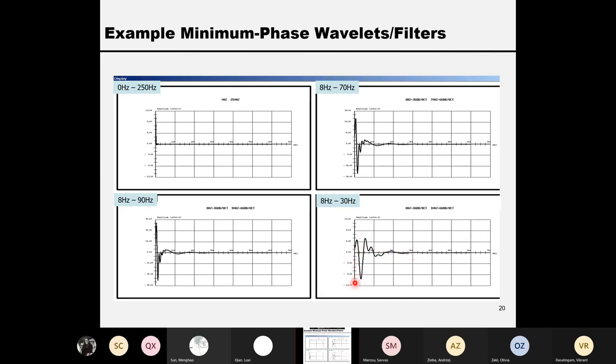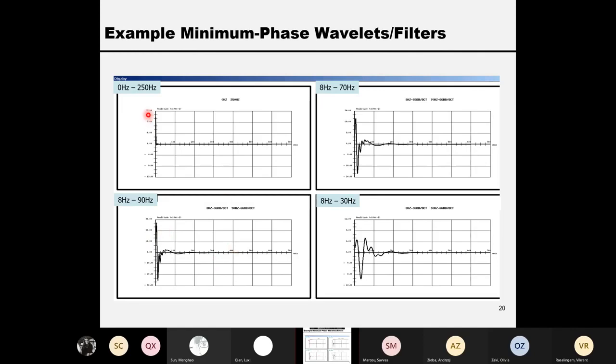It's not necessarily geometric decay, but at least you can see energy is front loaded, right? That's for different frequency ranges, frequency bandwidth. For the 0 to 250 hertz, you have a spark here, and this 8 to 90 hertz is a filtered spark.